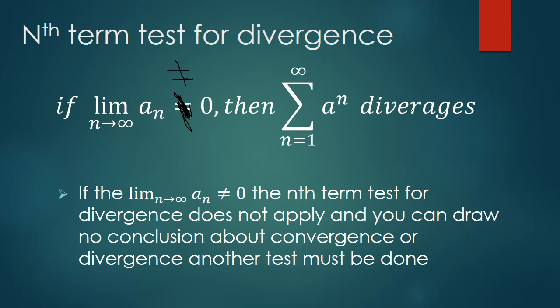If it does equal 0, then the nth term test for divergence does not apply, and you can draw no conclusion about the convergence or divergence, and other tests may be done. So again, the nth term test: if I take the limit and it doesn't equal 0, that series is going to diverge. If it does equal 0, you can make no conclusions.